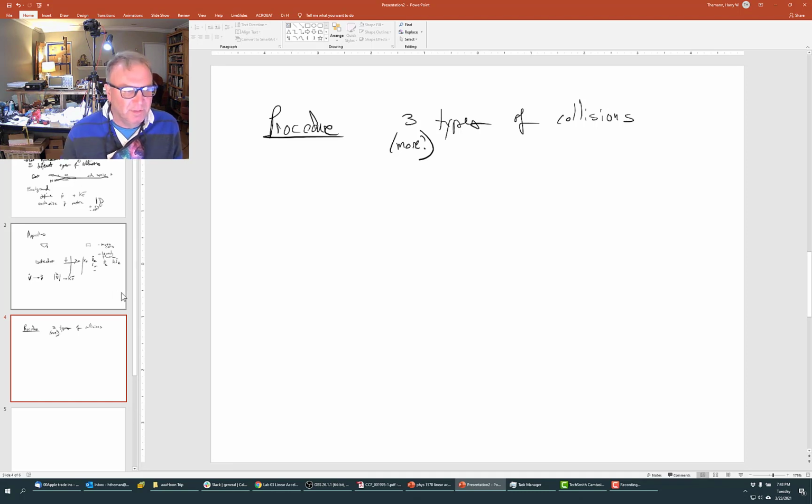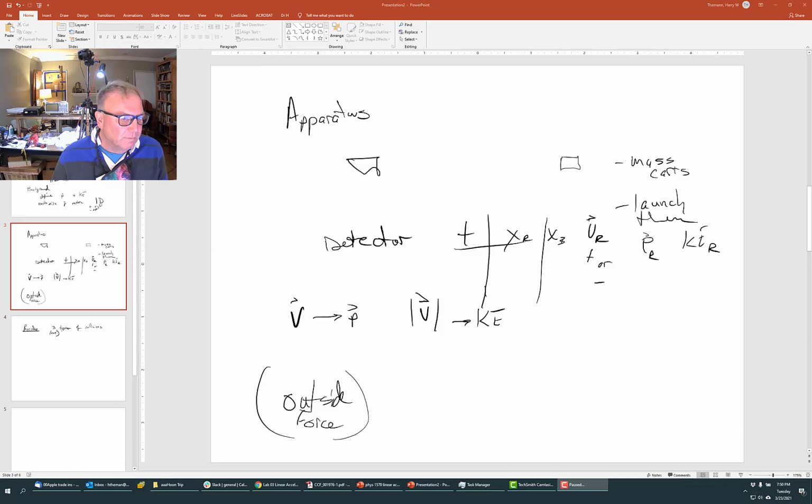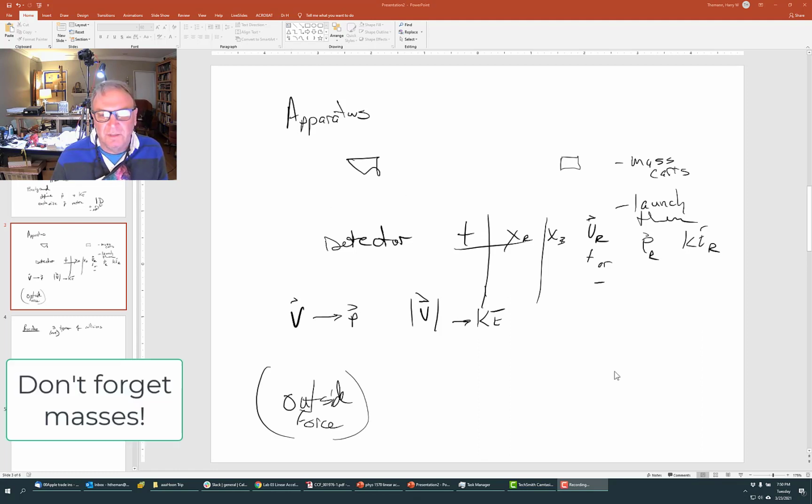Remember there was something about outside forces. So the only time there's an outside force is when the spring is operating. I'll pause this for a moment. Okay, so I actually hit the stop button, and it probably won't even notice very much.